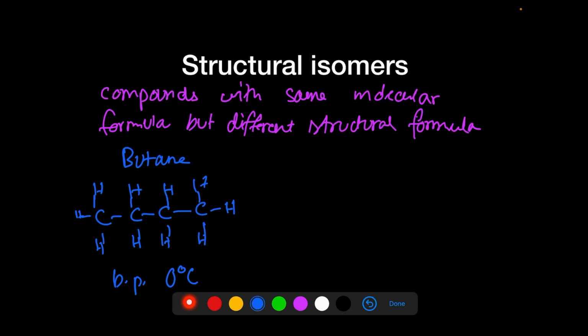Now we can rearrange this, because why not? The chemist wanted to rearrange it. So we'll rearrange it to make 2-methyl propane. It will look somewhat like this.